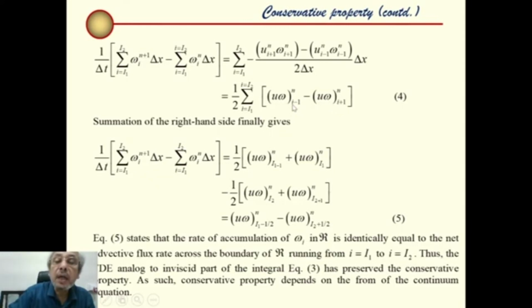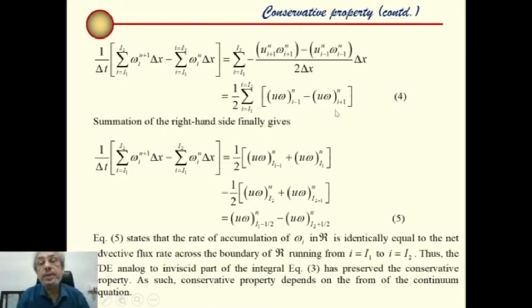Now we have to substitute I equal to I1 in equation 4, then I1 plus 1, then I1 plus 2. This way we will go closer to I2. We can say maybe I2 minus 2, I2 minus 1, then I2.